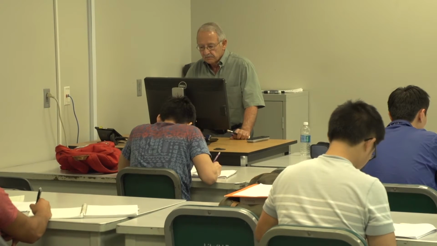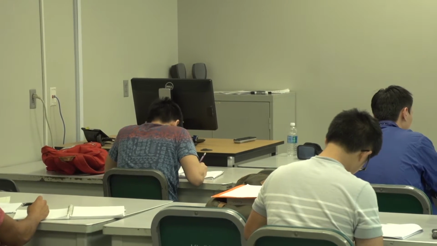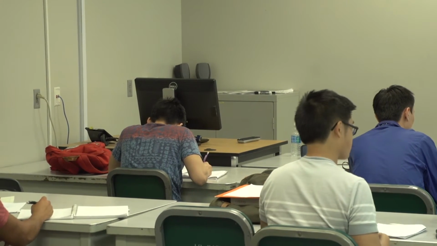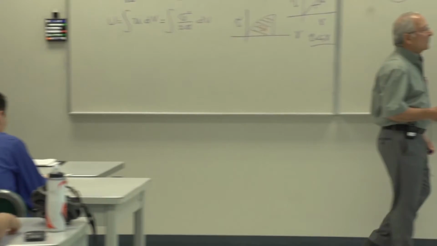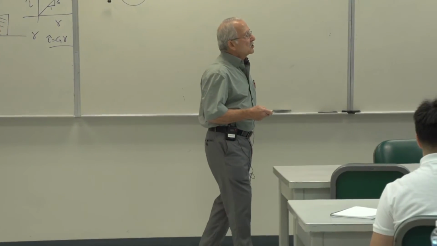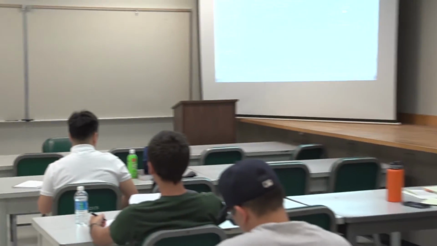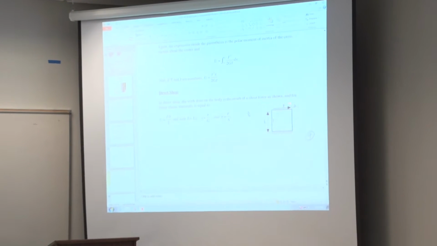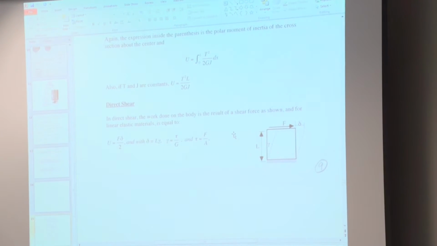Direct shear, that is an applied shear stress, like this. This is not the transverse shear yet. This is direct shear. If you have a case like this, we say whatever strain energy is stored in this material must be equal to the work done by that force, F, as we've had it before.